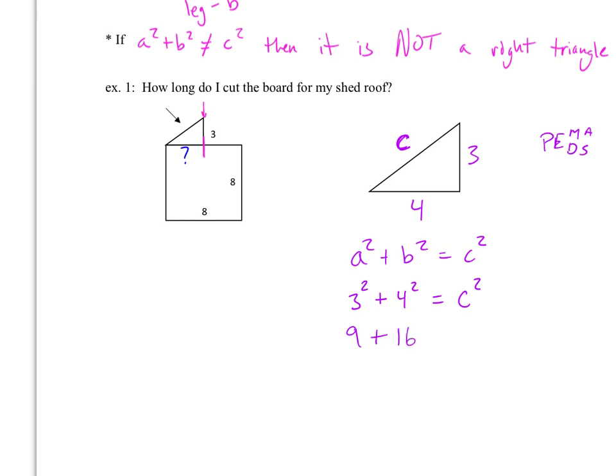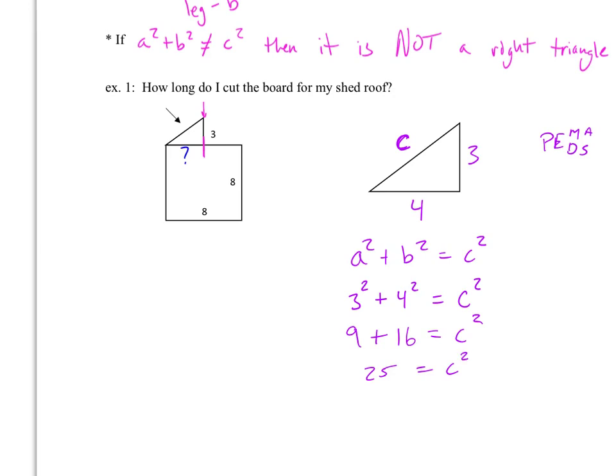Calculators are your friend here. Equals c squared. Notice I didn't write 25 there. I wrote equals c squared. So now what's 9 plus 16, Ethan? It's 25. 25 equals c squared.